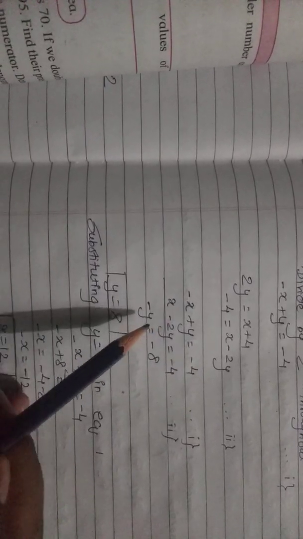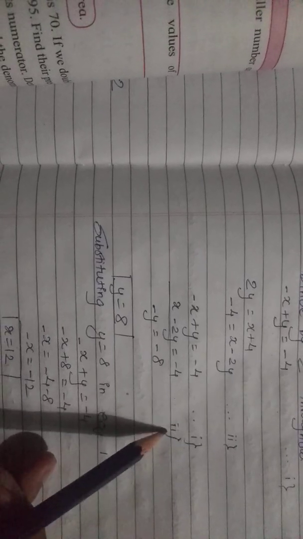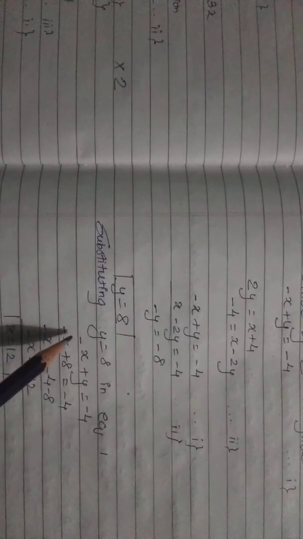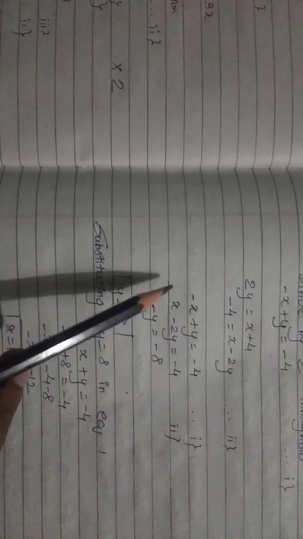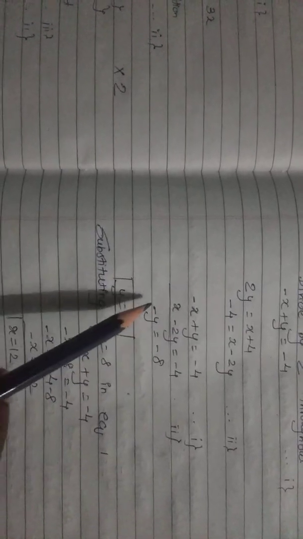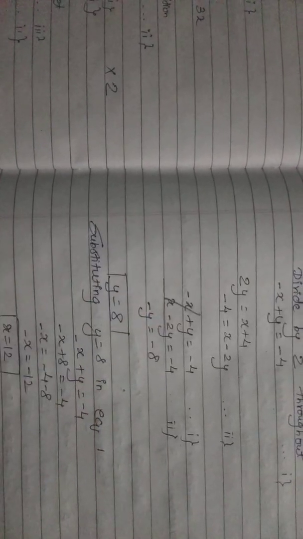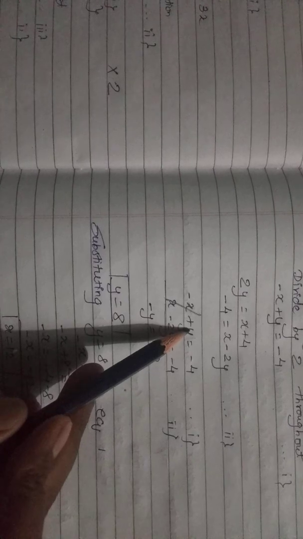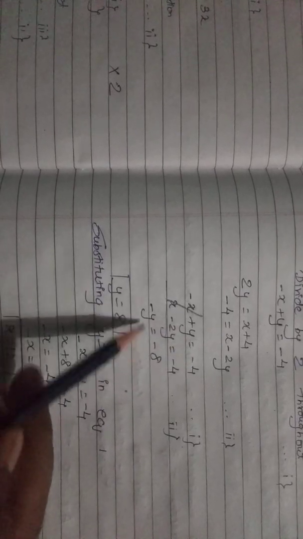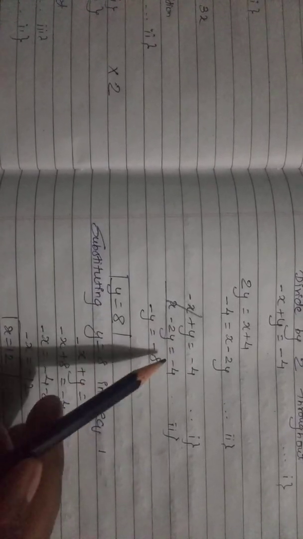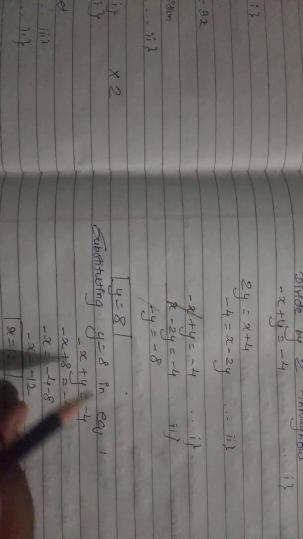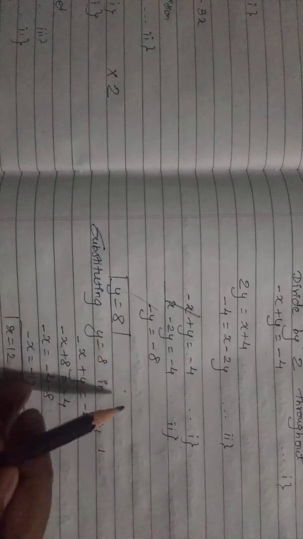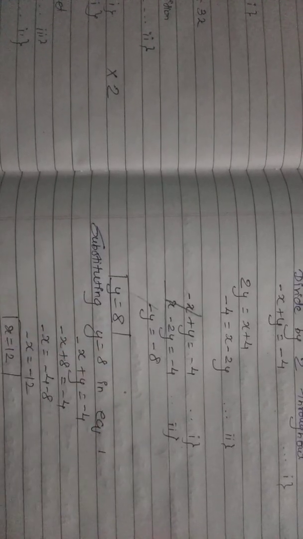So in equation number 1 and equation number 2, we can find something similar, x and x, same pair, opposite sign, minus plus. So this will get cancelled. So plus y minus 2y is minus y, and the sign will be minus. So students, this minus and minus will get cancelled. So y equals 8. So we have got y as 8.